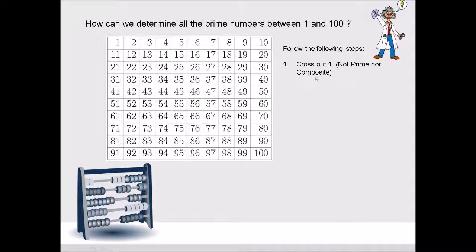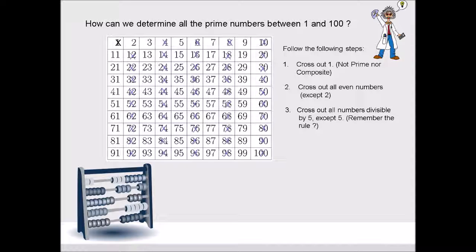First of all, we said 1 is not a prime number. Remember that exception? So we can cross it out. Further, any number that is even, we can also cross out except 2 itself. Then we cross out all the even numbers.